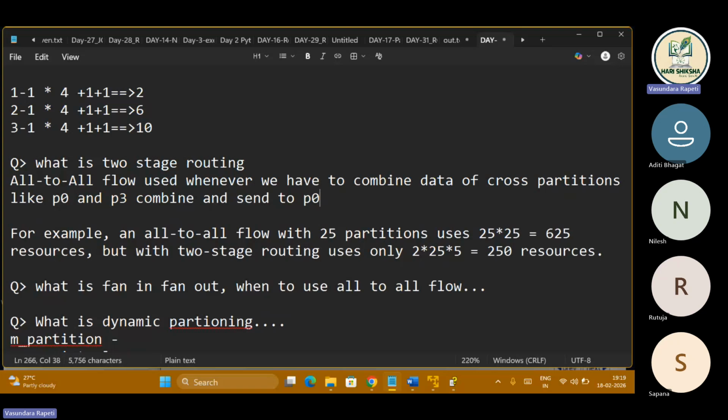Like yesterday we saw east and west, east to south data combined and sent to P0.